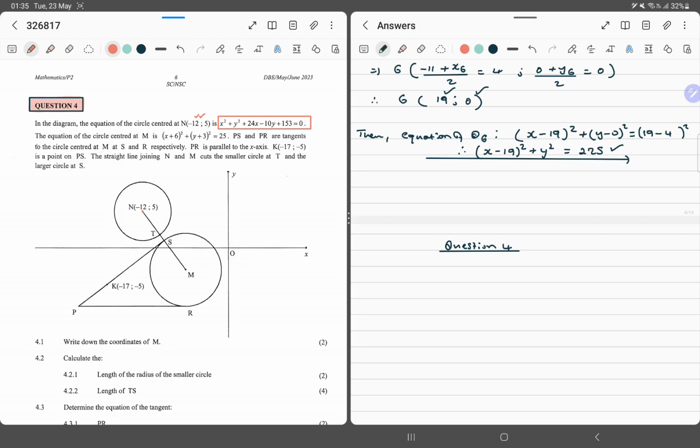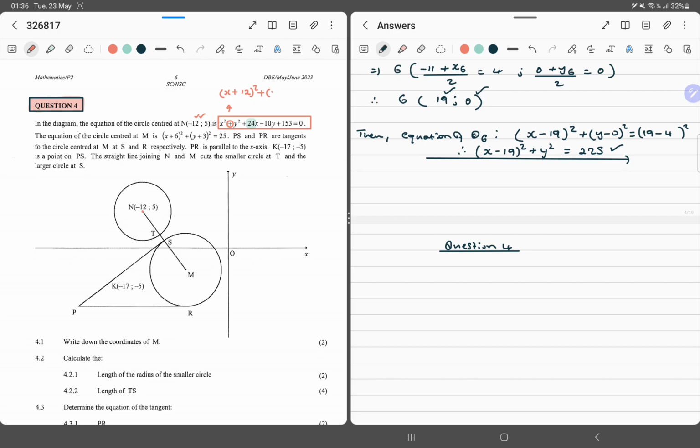So for us, we need to solve this by completing the square so that we can make sense of it. When you complete the square, you take the coefficient of x, you half it and add it, keeping the original sign. Half of 24 is 12, then we square that.